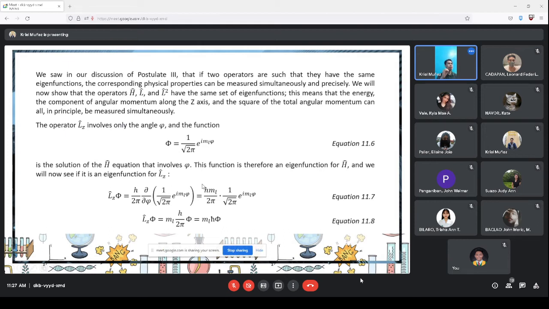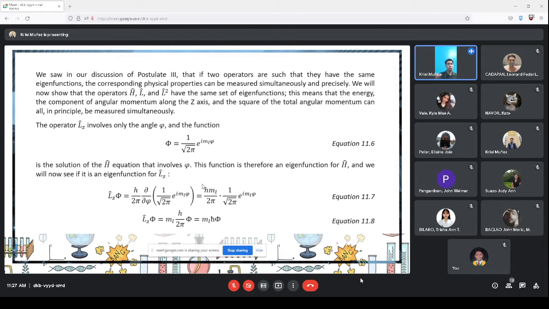Class, you do not really have to use the commuting notations that we have. Just to calculate if they are actually commuting, you could use an eigenfunction.